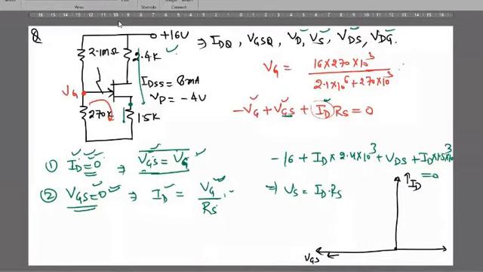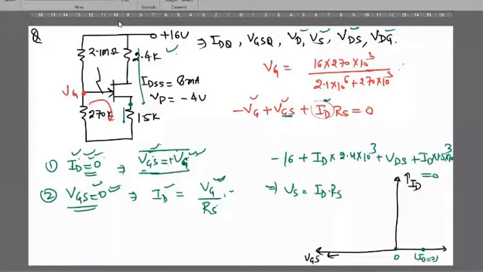So whenever ID equals 0, this point you will find somewhere like that. Because VGS equals VG is positive, and VGS is on the negative side here, you will point in the positive direction somewhere like that.